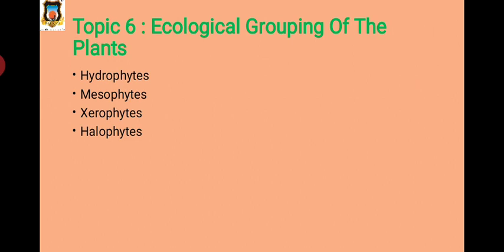Xerophytes are plants which live in scarcity of water. Halophytes are plants which grow on saline soils with high concentrations of salt. So all these groups are classified in this topic.